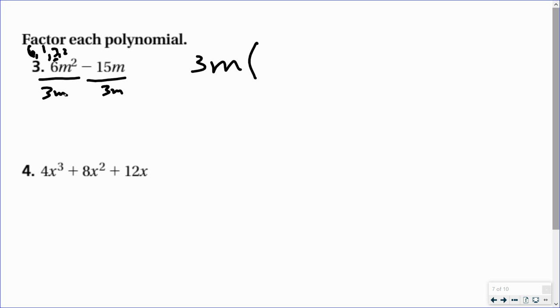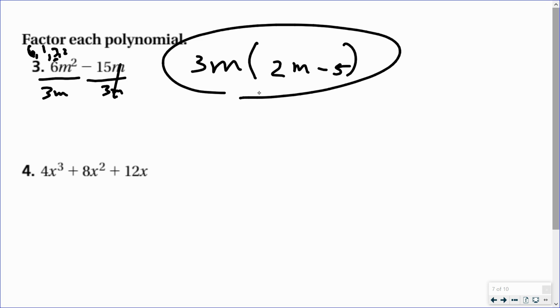M's are easiest, I think. So this is m to the 2nd, this is m to the 1st. That means I'll end up with 1m. And 3 goes into 6 2 times. Okay, and 3 goes into negative 15, negative 5 times. And the m's, they cancel out.